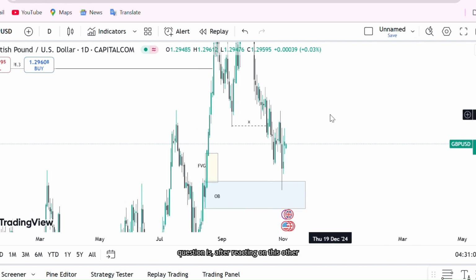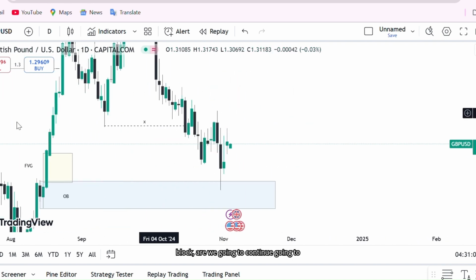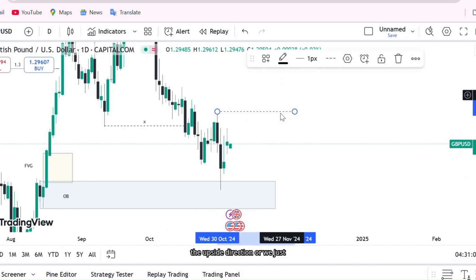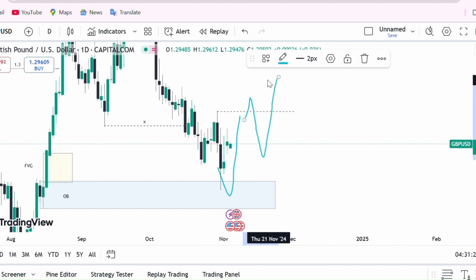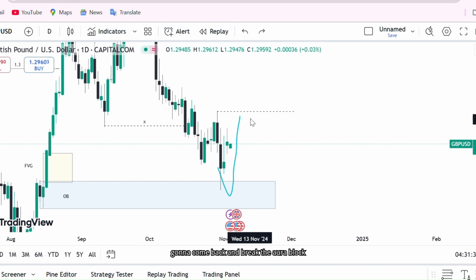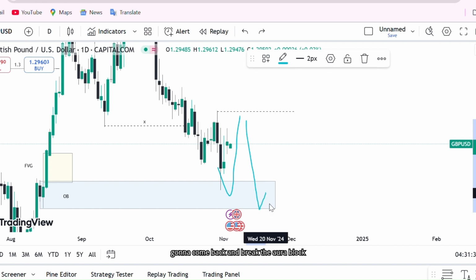So now the question is, after reacting on this order block, are we gonna continue going to the upside direction, or we just reacted on the order block and then we're gonna continue retracing, right? Or we're gonna come back and break the order block and then drop?